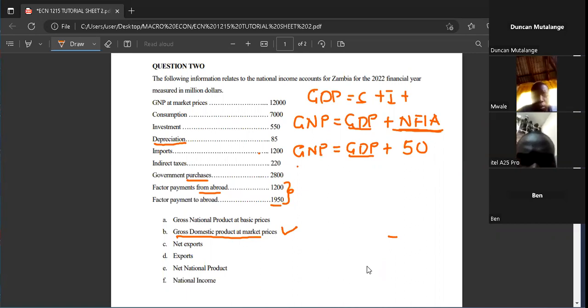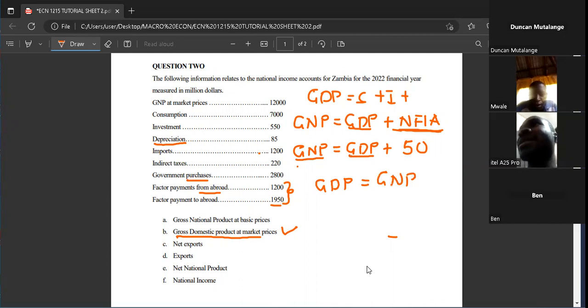To calculate GDP at market price, you need the GNP at market price. So for this GDP here, you can make GDP the subject of the formula, isn't it? GDP is equal to GNP minus the 50, isn't it? So we'll get the GDP is equal to what? What's our GNP here?